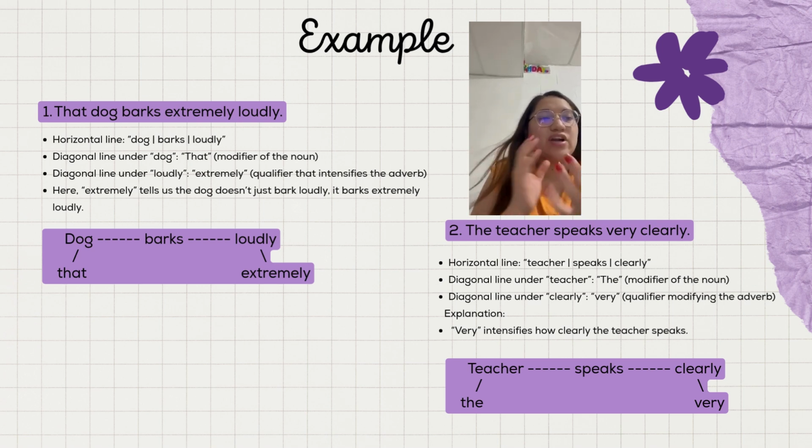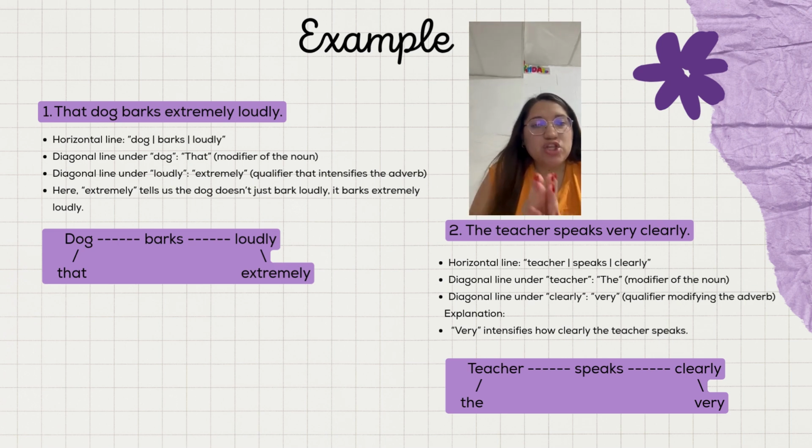Diagonal line under barks: loudly. Under loudly: extremely, a qualifier that intensifies the adverb. Here, extremely tells us the dog doesn't just bark loudly, it barks extremely loudly.